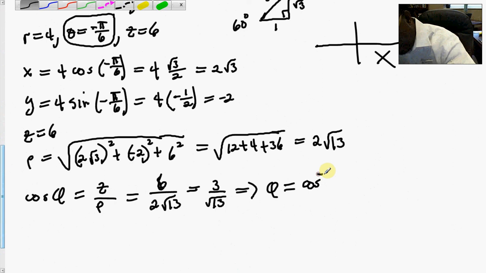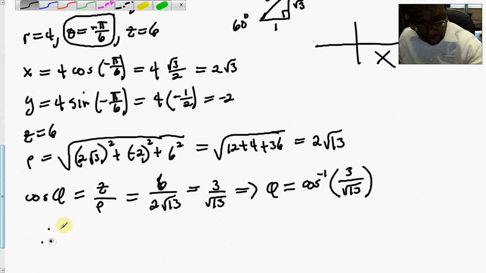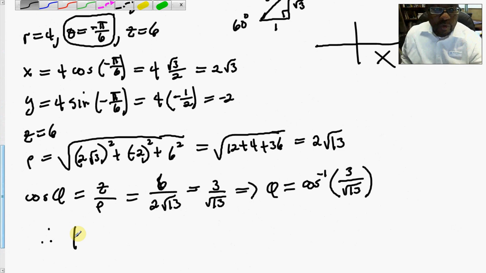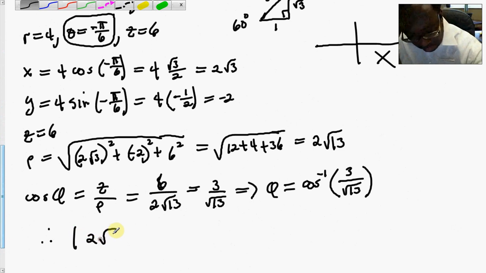cosine inverse of 3 over the square root of 13. So the point that's converted, rho is 2 times the square root of 13.